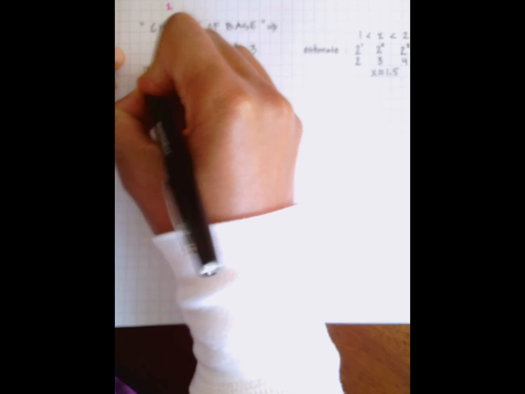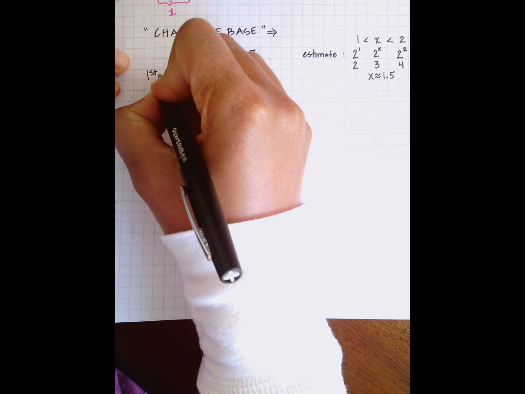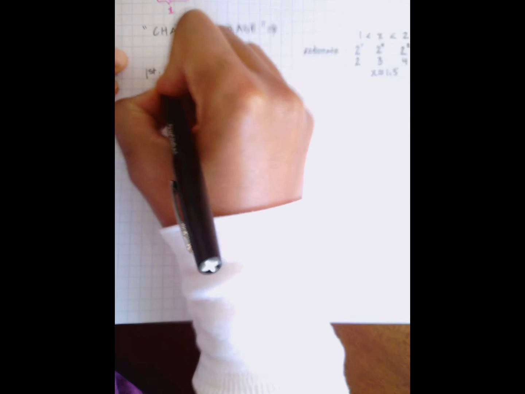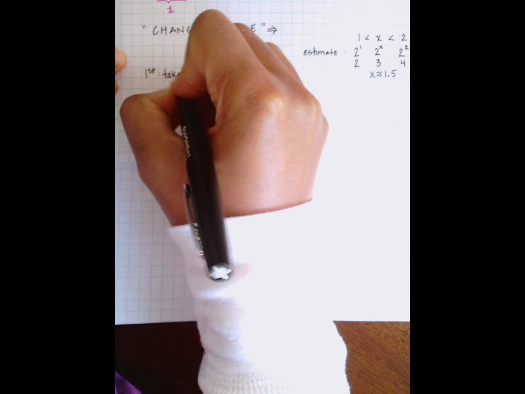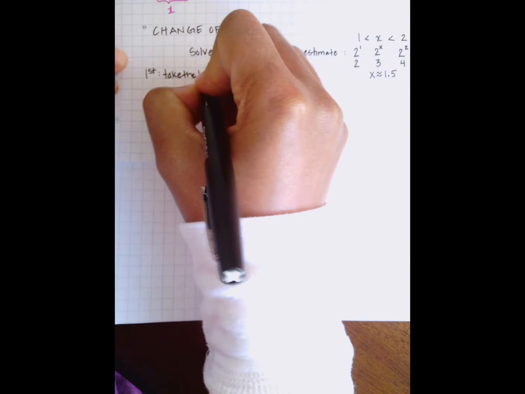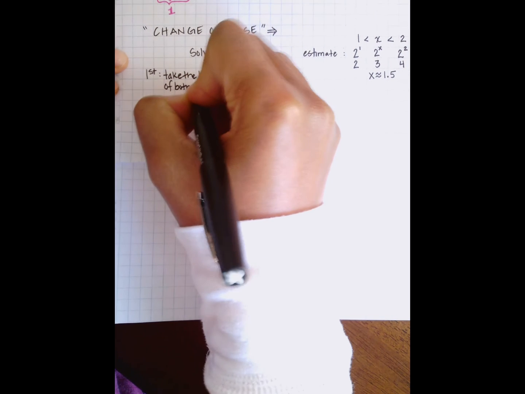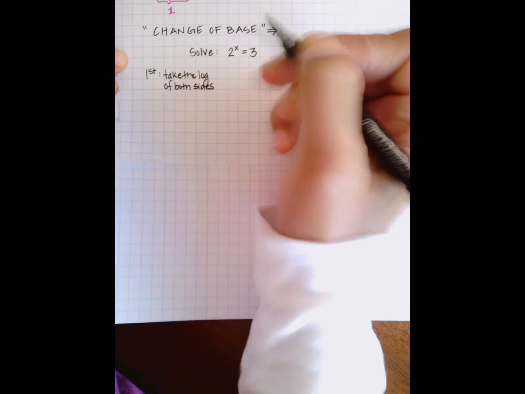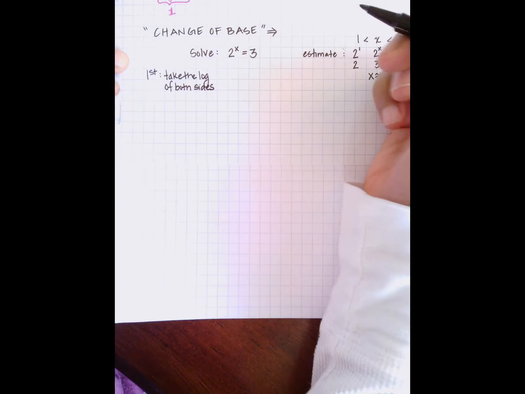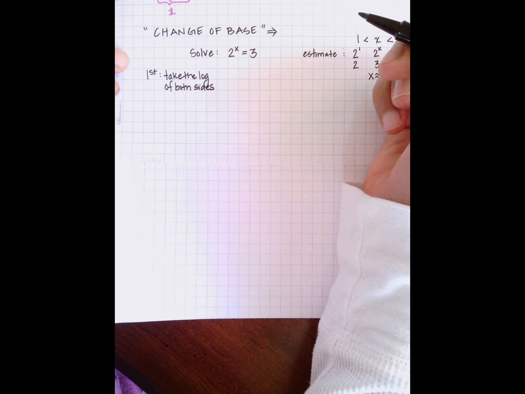So the first step, we'll take the log of both sides. A log is an operation. It's also a function, just like square rooting.